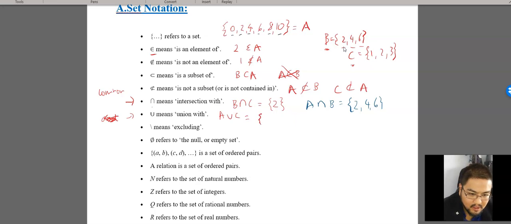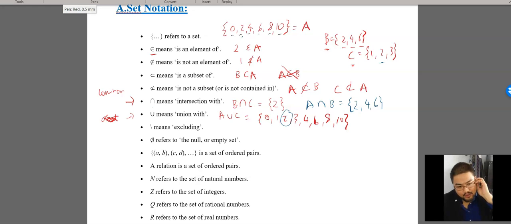For A union C, we write the elements 0, 1, 2, 3, 4, 6, 8, and 10. I've combined all the elements in A and all the elements in C together. Keep in mind I didn't double up on the element 2. You can see in C there's a 2 and in A there's a 2, but I didn't write two 2's, I just wrote one. If there are doubles, you just account for it once.